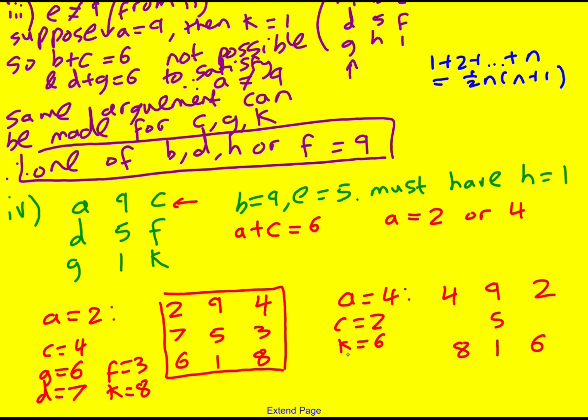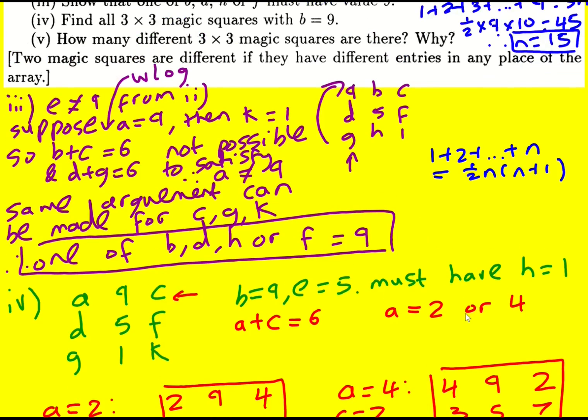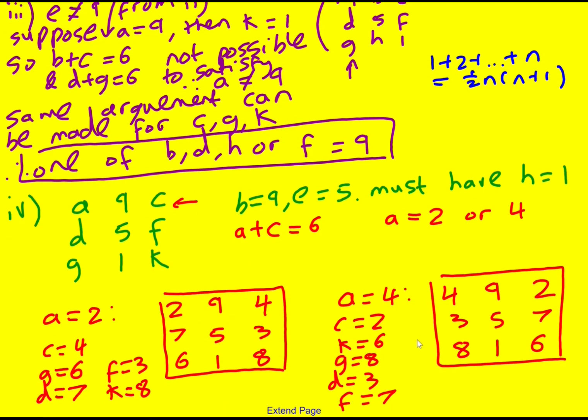And then G would equal 8. D would equal 3. And finally, F would equal 7. Okay, brilliant. So find all 3 by 3 magic squares where B equals 9. There are two solutions.